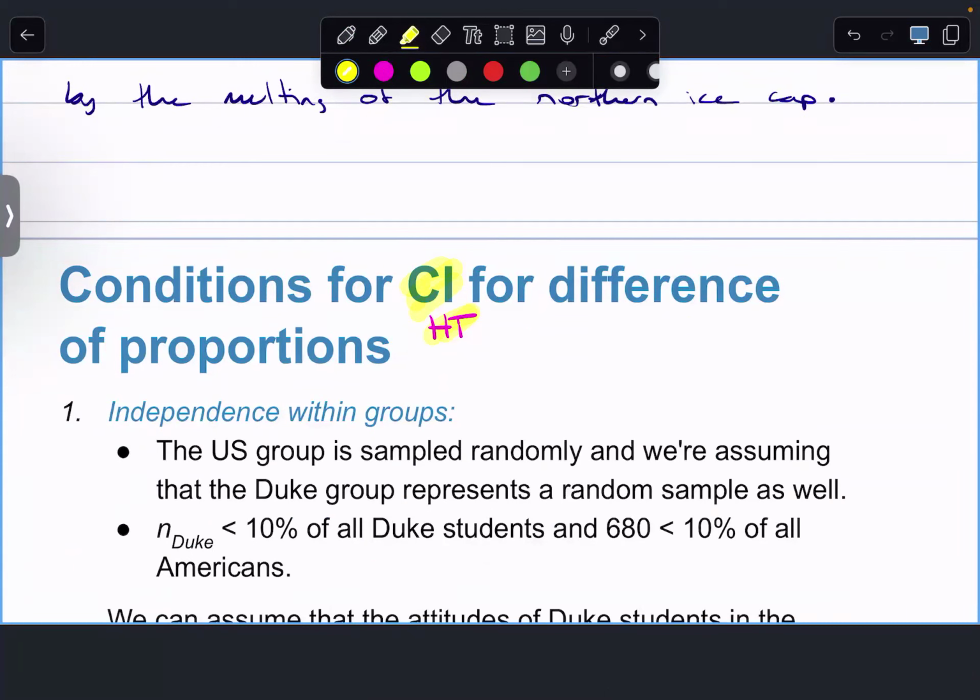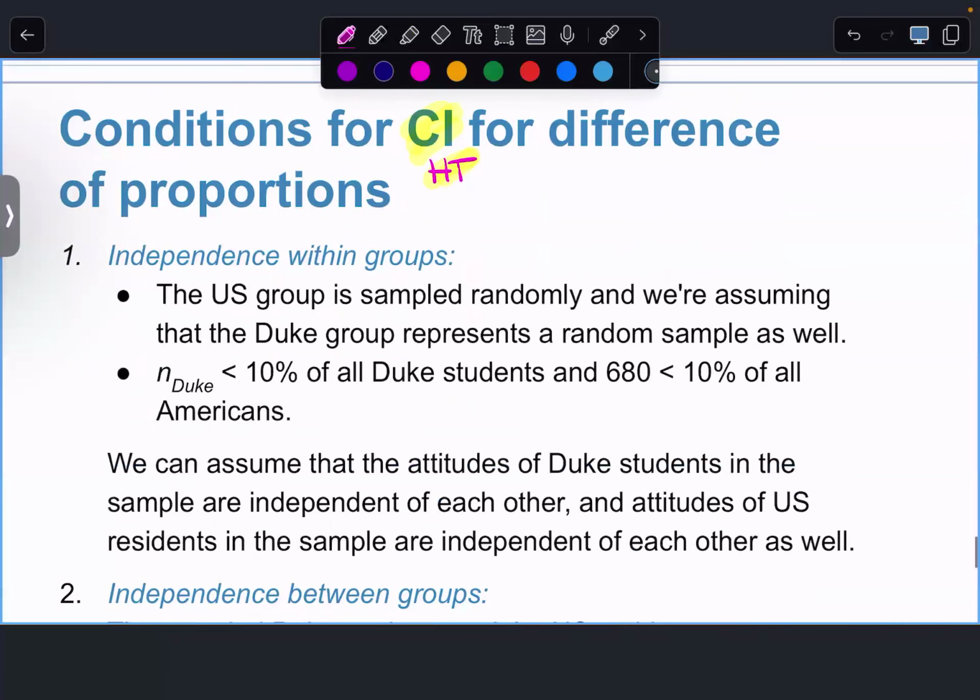And so we talked about the conditions for one sample proportion, and one of the main conditions was that you have independent observations. And the way that we can ensure that is by randomly sampling. Well, now I have 2 samples. And so, of course, I need to randomly sample each sample to ensure that they are independent within the groups.